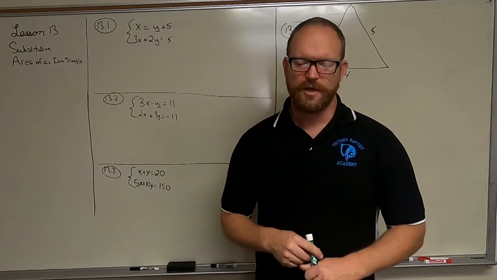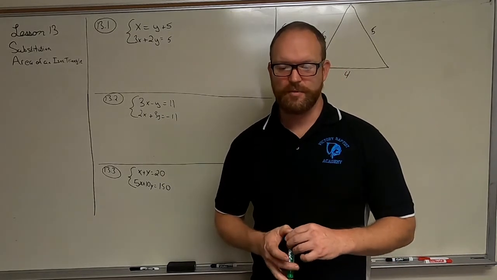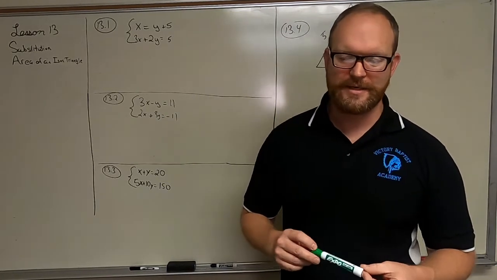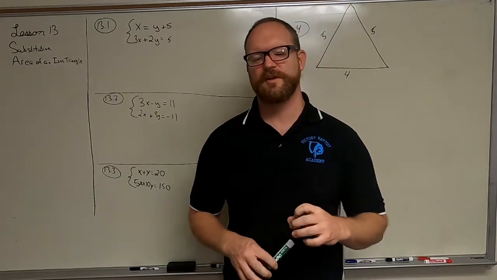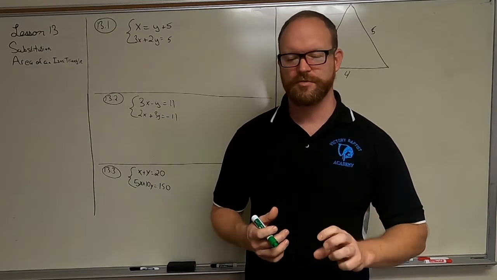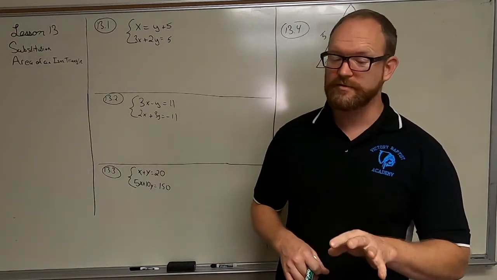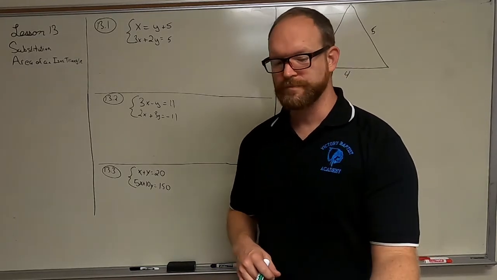We can substitute. If a equals b, then a may replace b, or b may replace a in any statement without changing the truth or falsity of that statement. So they all mean very, very similar things, those three basic points. But you can see the substitution axiom on page 71, lesson 13, if you want to go over that.